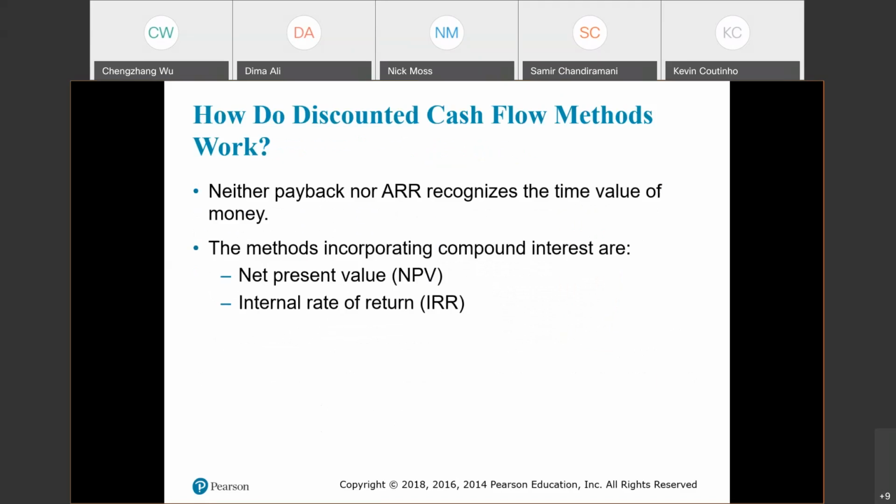These 2 methods are NPV, which stands for net present value, and IRR, which stands for internal rate of return.